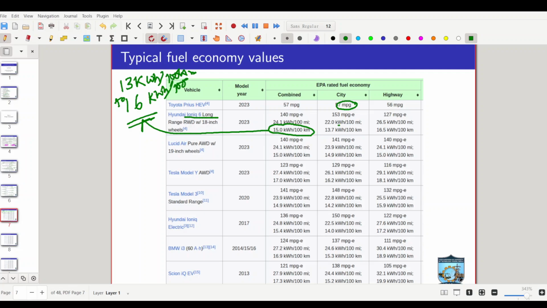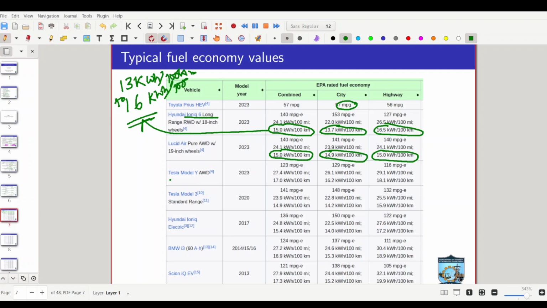In city it is still less, 13.7, whereas on highway it is 16.5 kilowatt hour per 100 kilometers. Another company, Lucid Air, 2023 model, again 15 kilowatt hour per 100 kilometer, combined city and highway. I think these do not include the regenerative braking capacity, which further improves the efficiency.